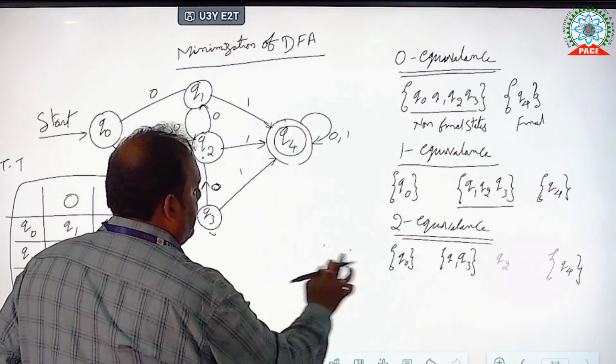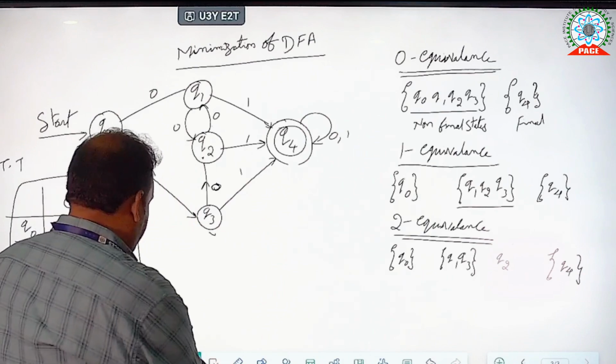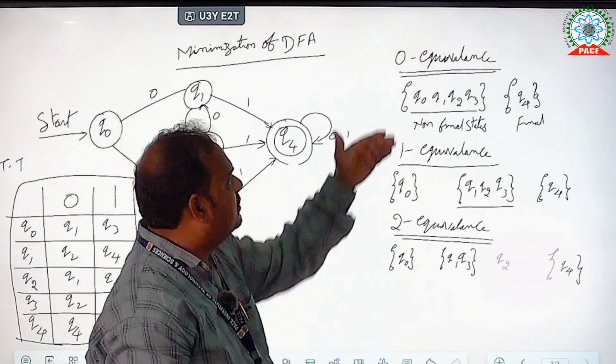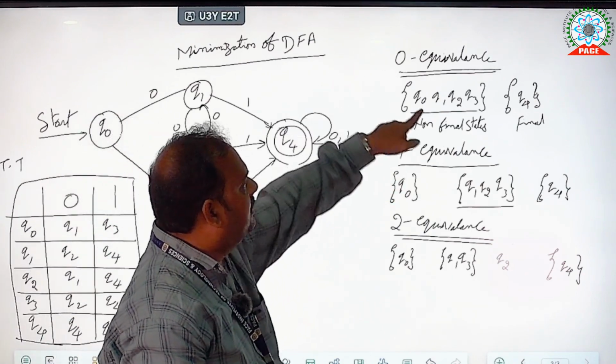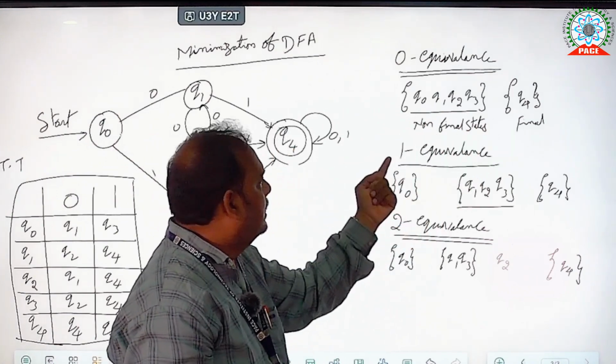If you observe the equivalences one after another, the zero equivalence has two states, the one equivalence has three states, and the second equivalence has four states.